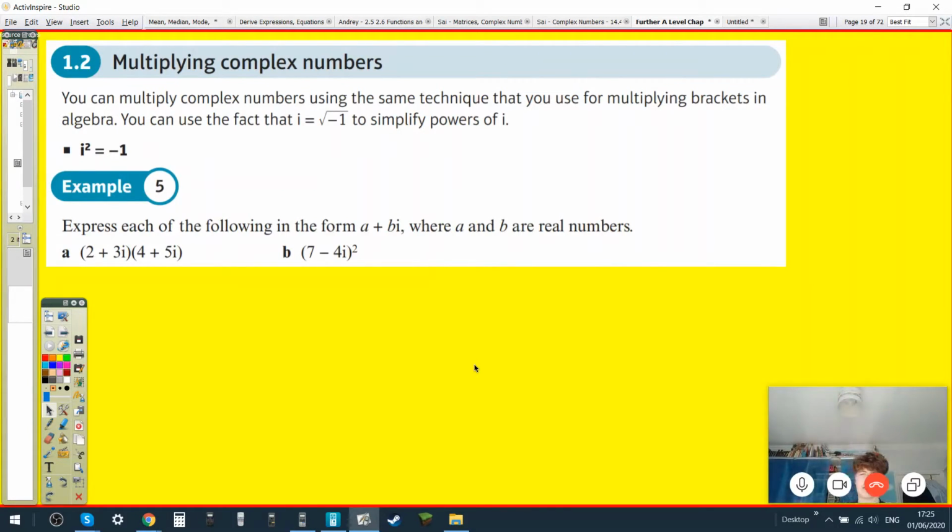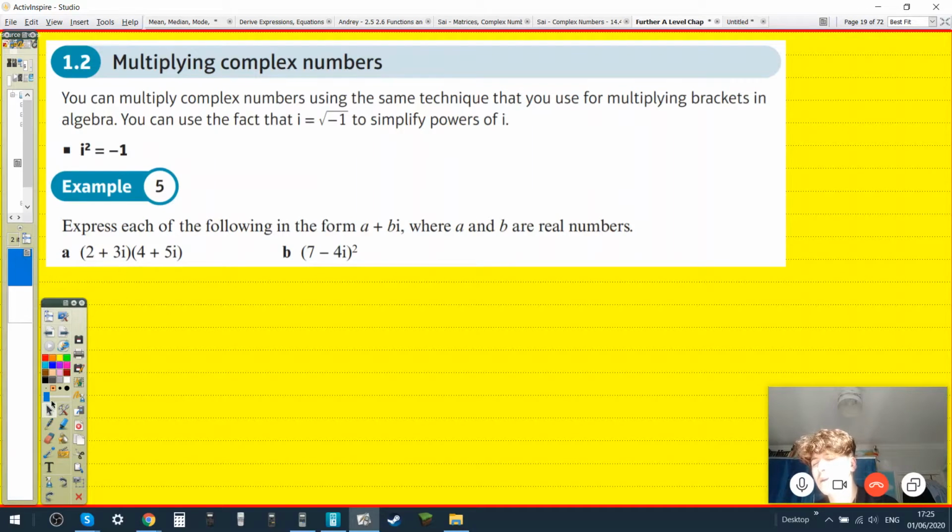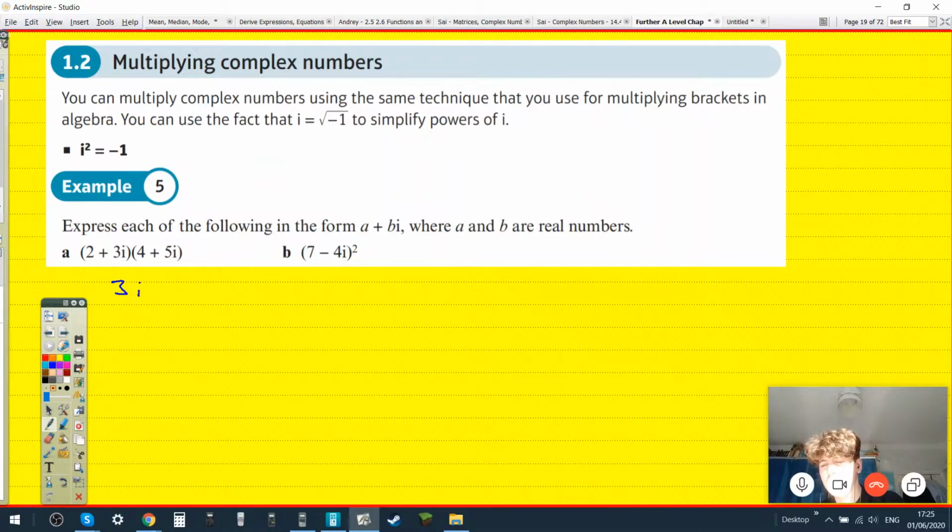Okay. I think I've got it. Okay, what is it? So when you do 3i times 5i, it becomes minus 15 because i squared equals minus 1. Well done. So that is minus 15.